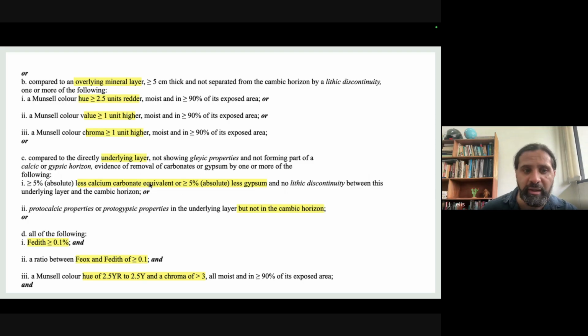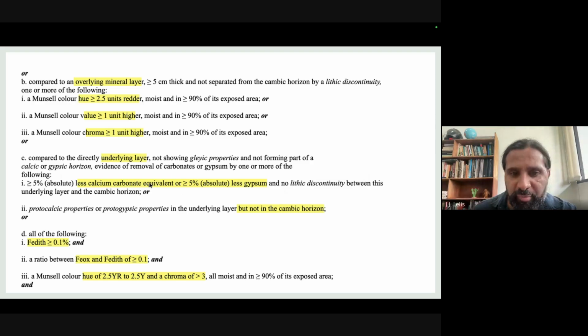So as I said, if you have a soil formed from limestone, for example, or gypsum, because this material is enriched in calcium carbonate or gypsum, the section that you want to call a cambic horizon should register removal of calcium carbonate or removal of gypsum, okay?